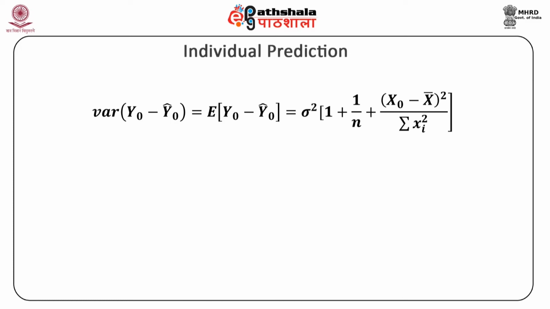Let me clarify, the x in the numerator is capital X, whereas the x in the denominator is small x, which is the deviation of x from the mean.